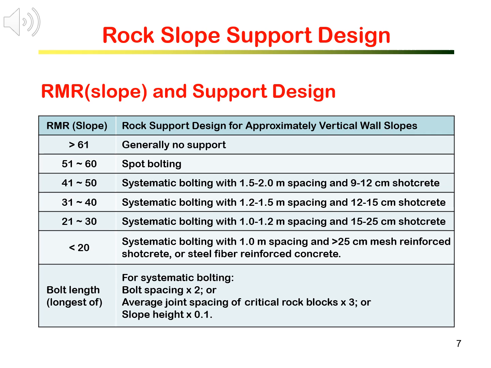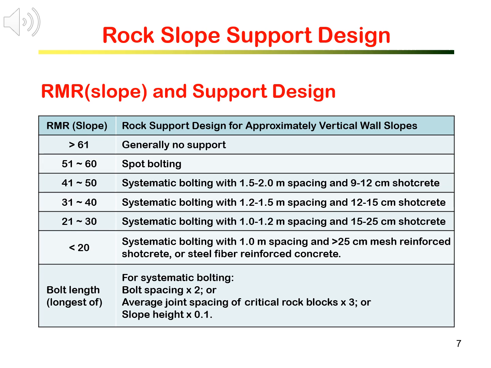For SMR slope between 31 and 40, systematic bolting and shotcreting with a closer bolt spacing of 1.2 to 1.5 meters, and shotcreting about 12 to 15 centimeters. SMR slope 21 to 30, systematic bolting of 1 to 1.2 meter spacing, and 15 to 25 centimeter shotcreting.